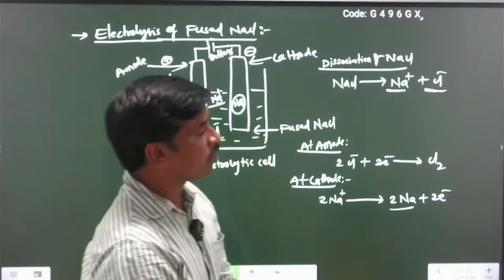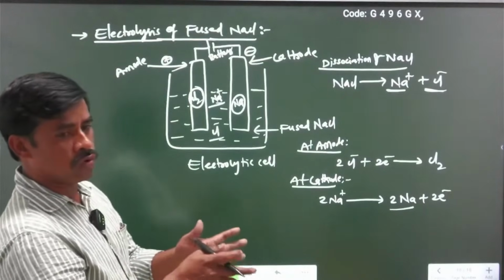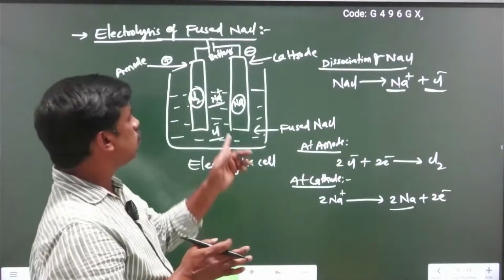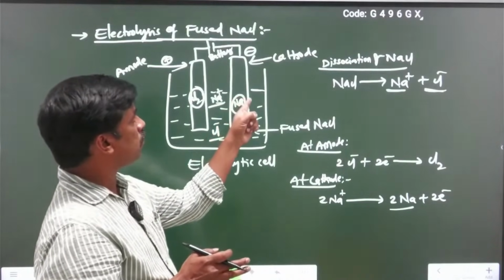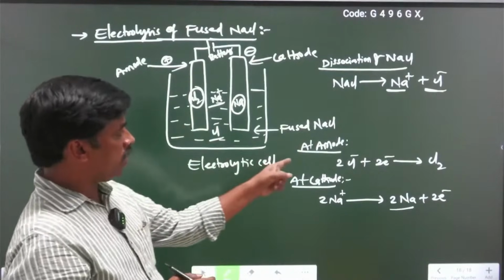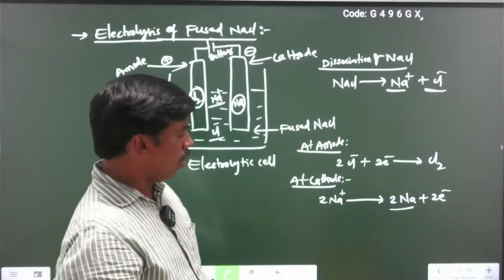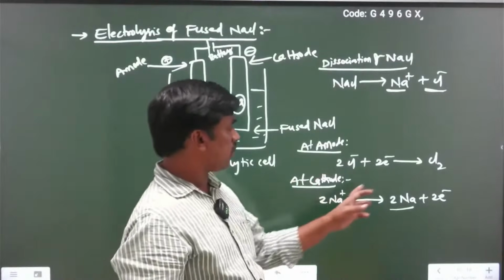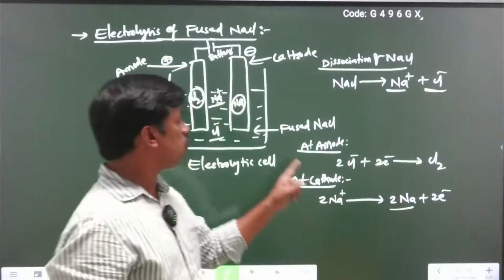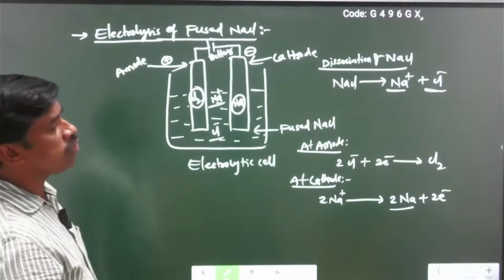These ions move towards oppositely charged electrodes: the Na plus ion towards the cathode and the Cl minus ion towards the anode. After the anodic and cathodic reactions, chlorine gas is liberated at the anode and sodium is deposited at the cathode. This is the electrolysis of fused sodium chloride.